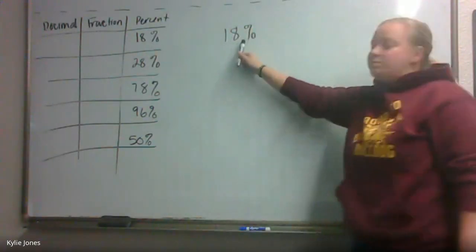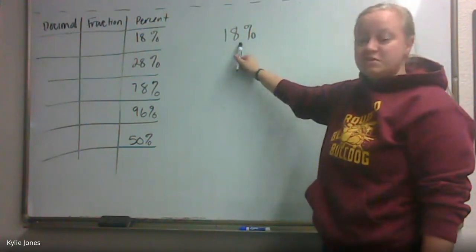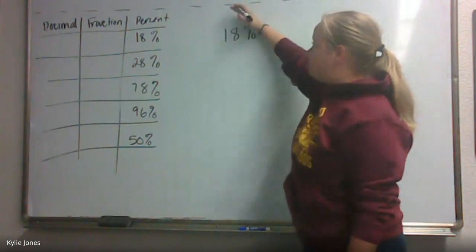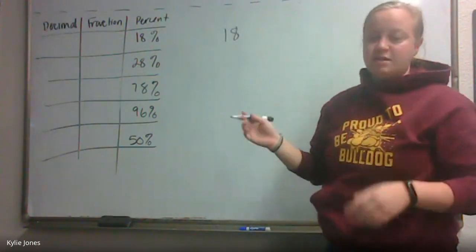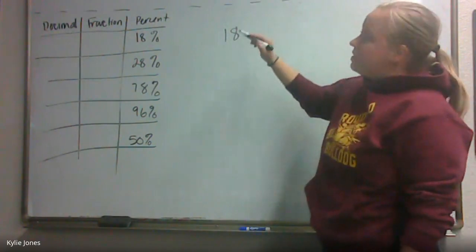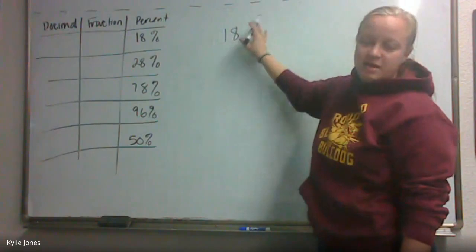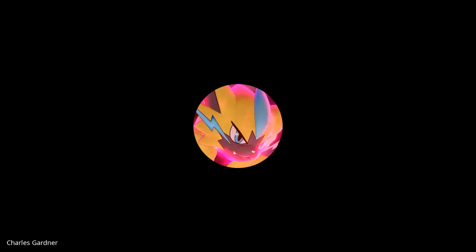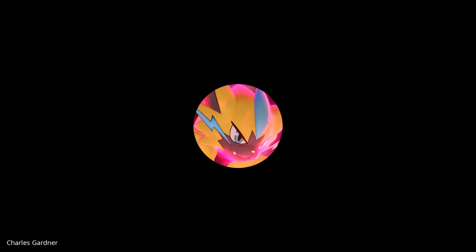So let's take 18% and change it to a decimal. When we change it to a decimal, first thing you do is get rid of the percent sign. It goes away. Okay? You don't need the percent sign. Then you need to take your decimal. Where is the decimal in this number? Behind the 18, right?